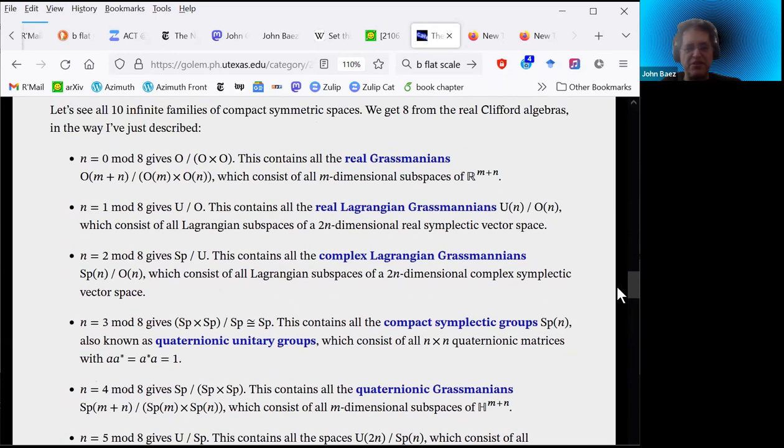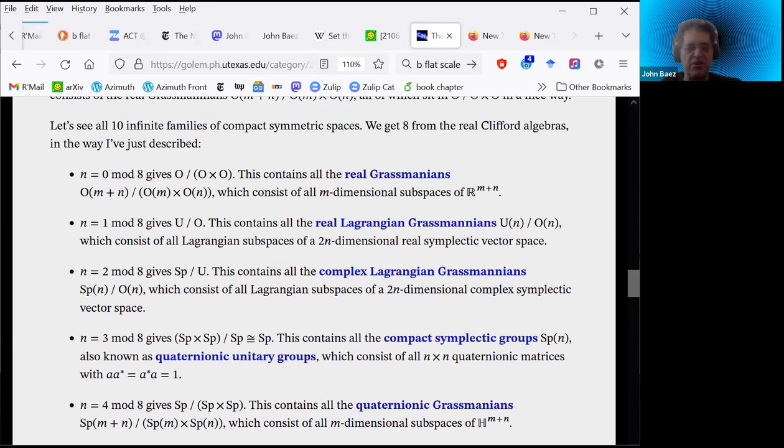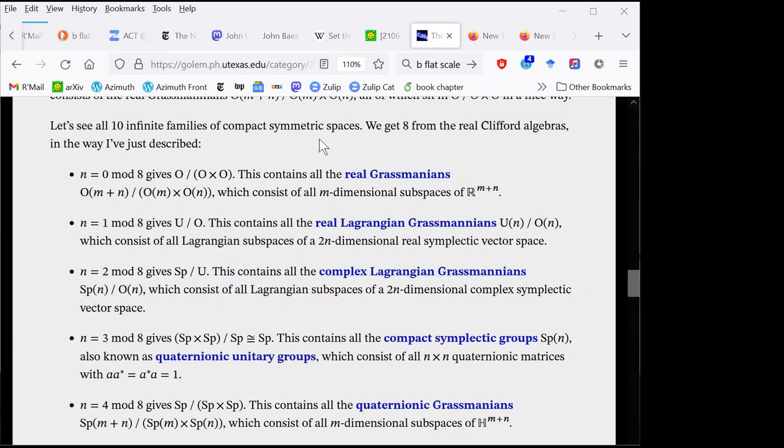So I came up with this trick when I had heard that Clifford algebras are giving you all these symmetric spaces, and so I worked it out. You get these nice infinite series of symmetric spaces, and I want to conceptually understand these symmetric spaces. Sorry, my video is eating too much resources.